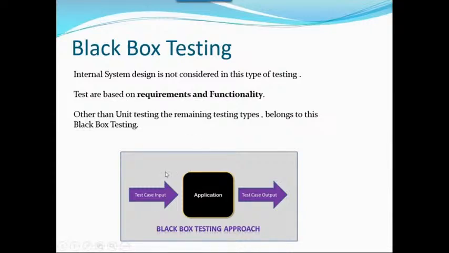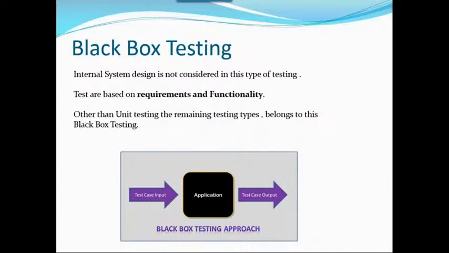Black box testing is done by the QA, and we never see any code. The test is always based on requirements and functionality. These two are very important. Based on the requirements and the functionality, we need to test that application.